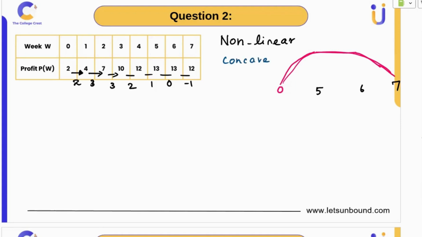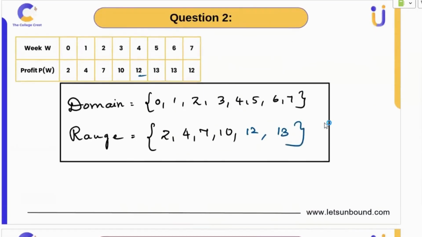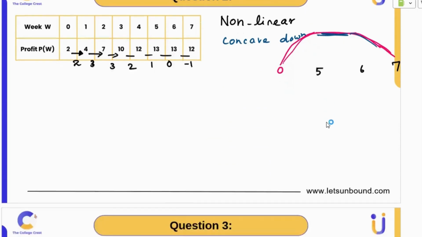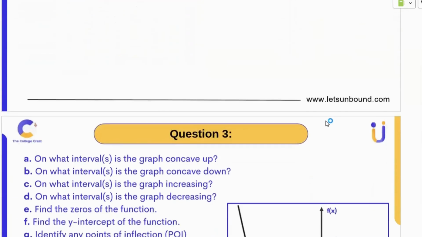So cap shape is concave down. So non-linear and concave down, increasing, decreasing also we have discussed. So increasing, levels off, decreasing. So this is the general description of the shape of the graph, what we observe from the table of values. So this completes question 2. I hope you might get some better idea here.